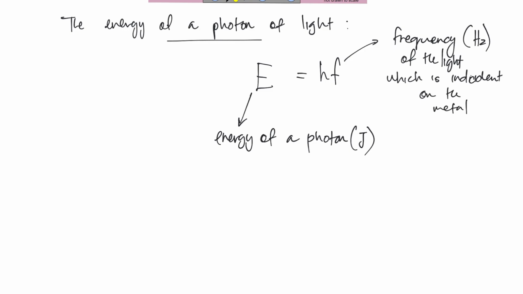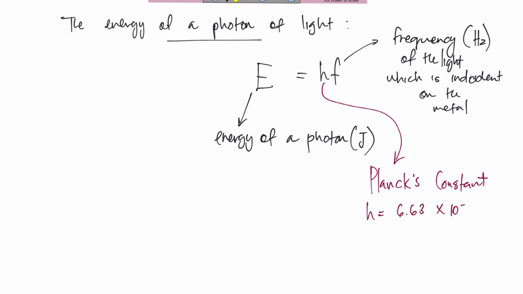Okay, frequency is measured in hertz, and then the h here gives me Planck's constant, and Planck's constant h is equal to 6.63 times 10 to the power of negative 34 joule seconds. Right, this value here, because it's a constant, will be on your data sheet.